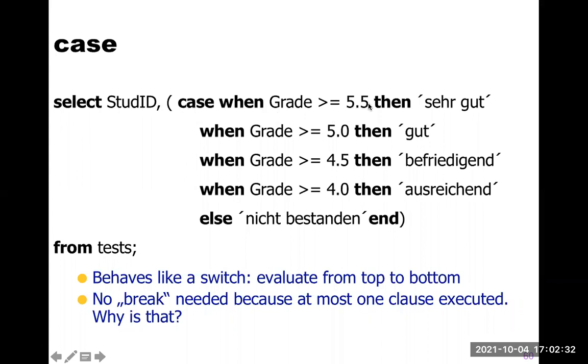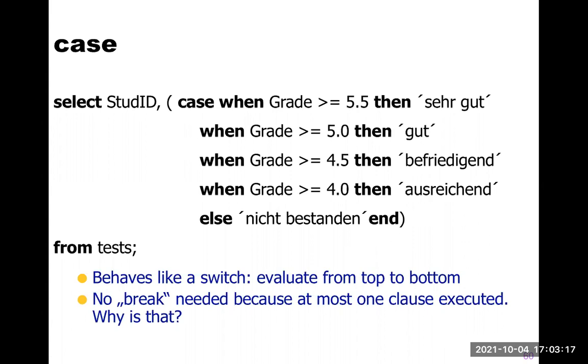When grade is greater or equal than 5.5, I output this value and stop checking conditions. If not, I check the next condition, and the next, and else output something else. All values in then and else should be compatible, so all strings or all numbers and so on. And essentially, the case statement here is just a calculation, just a form of expression.